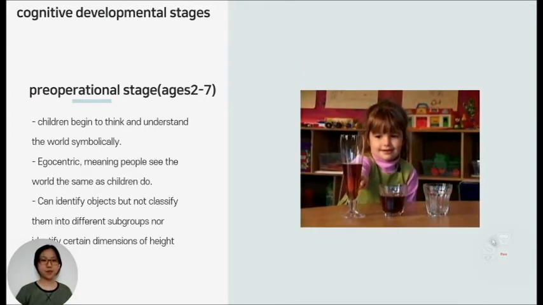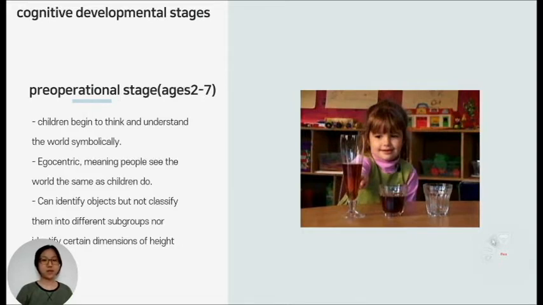Second is the pre-operational stage, which is from ages 2 to 7. This is when children begin to think and understand the world symbolically. They're also egocentric, meaning people see the same as these children do. They're self-centered.